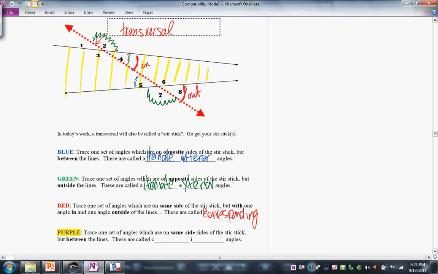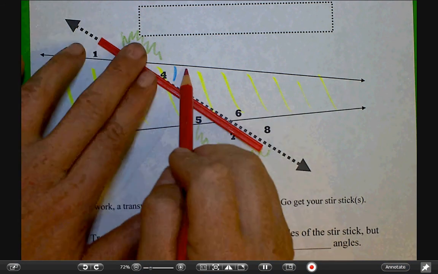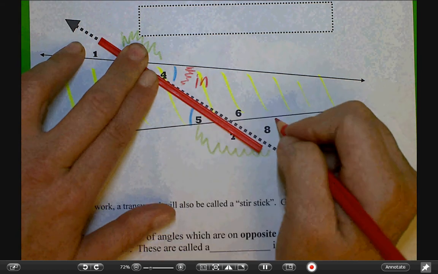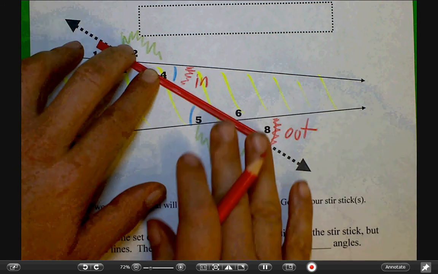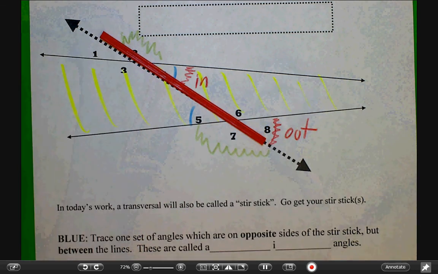One angle in, one angle out, same side of the stir stick. That's called corresponding.